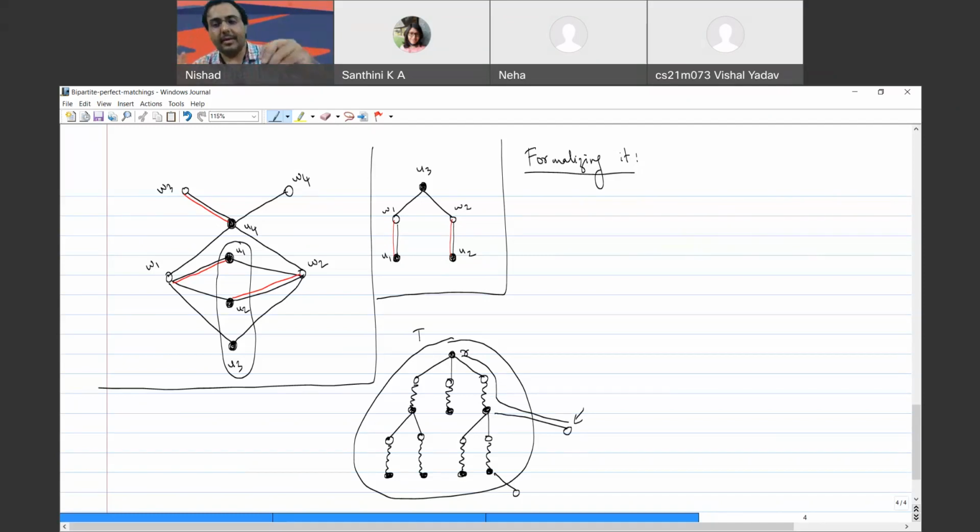So let's say for each, if there exists an edge UW such that U is in my tree and it is a black colored vertex and W is not in the tree.